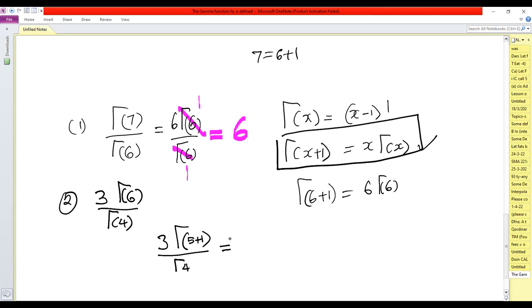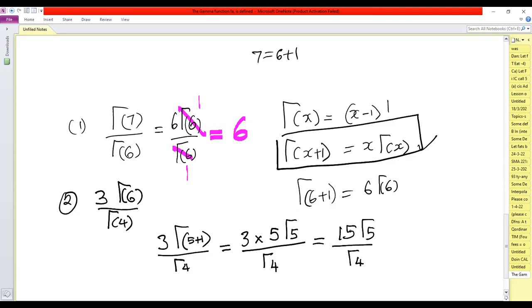Now gamma of 5 plus 1, using this property, will be 5 gamma of 5, and then divided by gamma of 4. We don't have to simplify gamma of 4 because it's a lower number than this one here. So 3 by 5 is 15, gamma of 5 divided by gamma of 4.